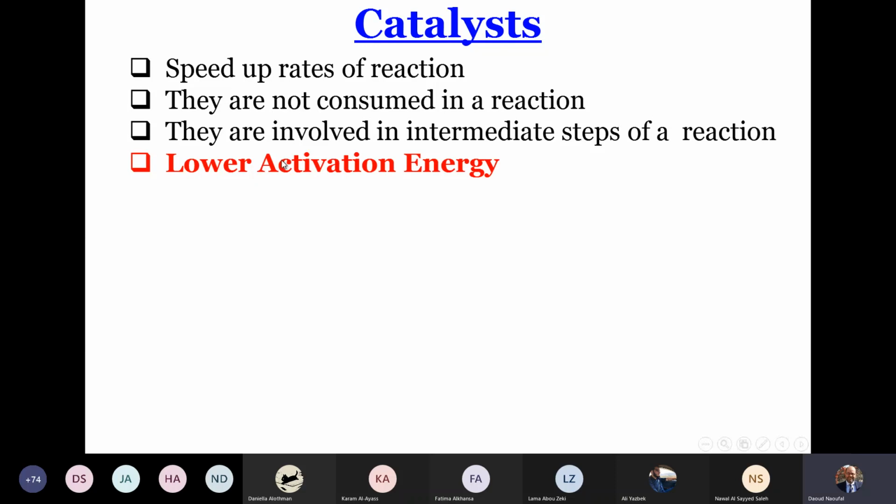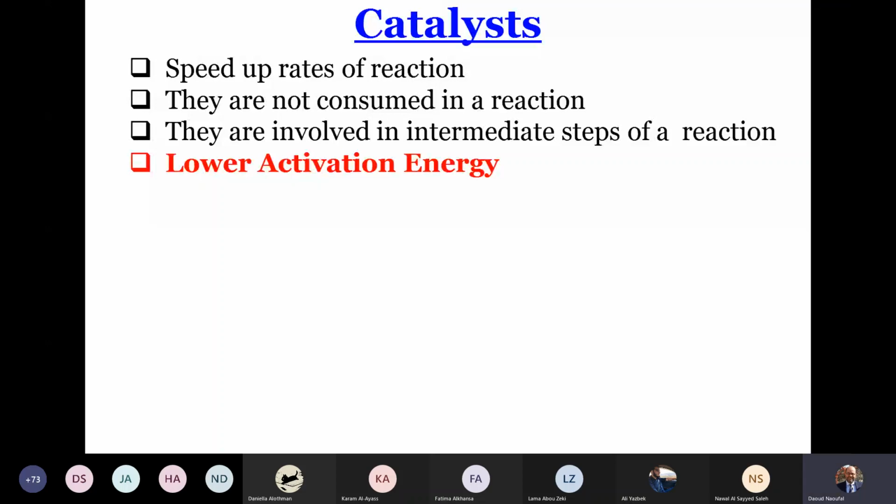The important role of the catalyst: suppose you have a reaction where the activation energy is 35 kilojoule per mole. If the energy of the reactant collisions did not reach this value, the reaction would not proceed.